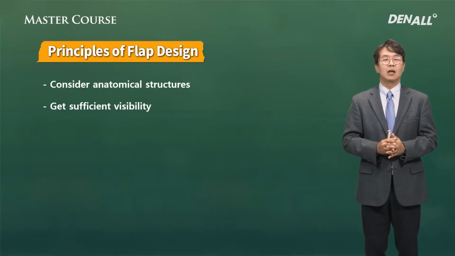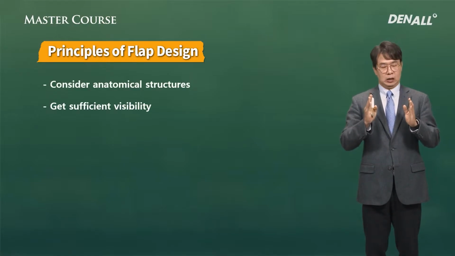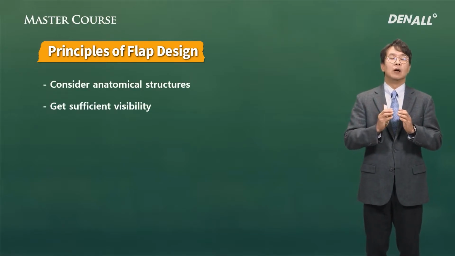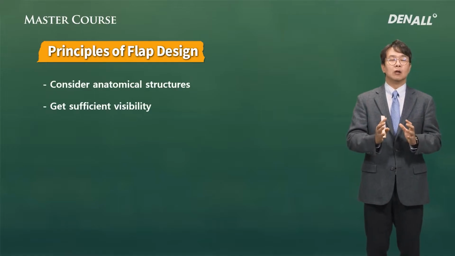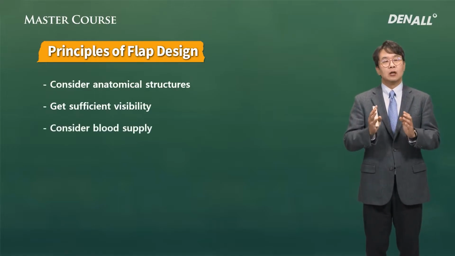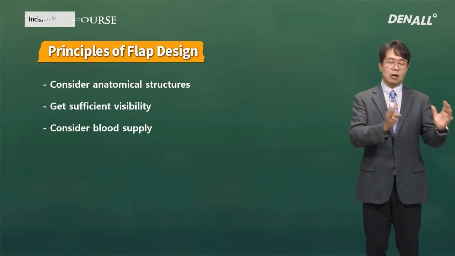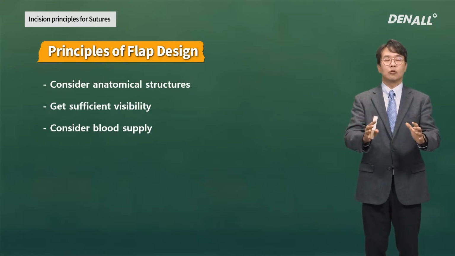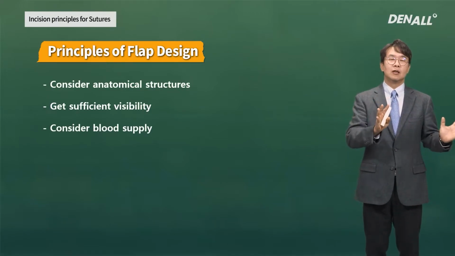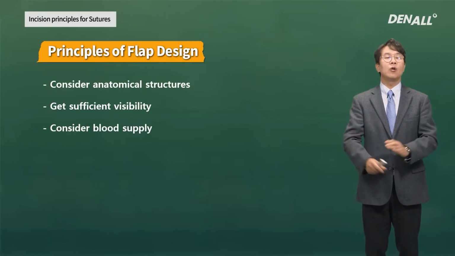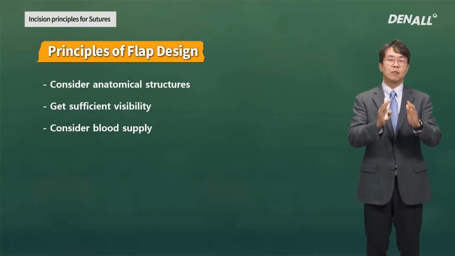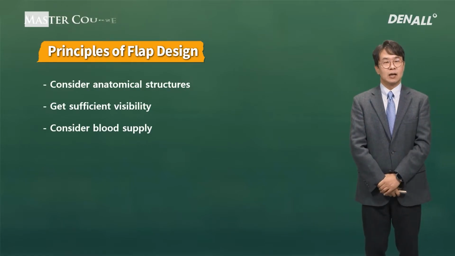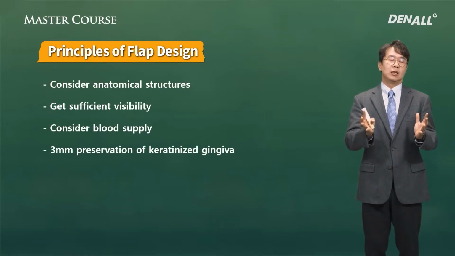However, if it interferes with the visibility, it may not be very good. So you need to secure the visibility of the surgical site. To help healing of the site, blood supply should be made. So you need to consider blood supply in designing a flap.